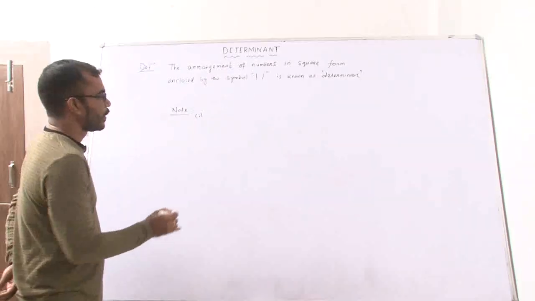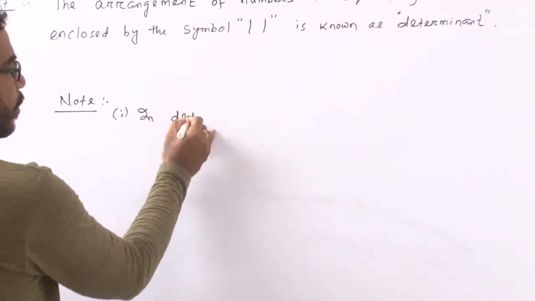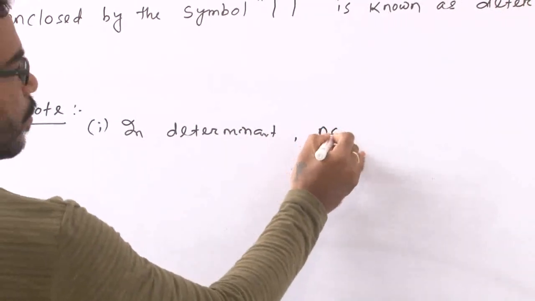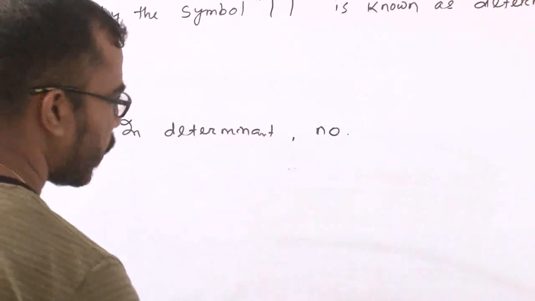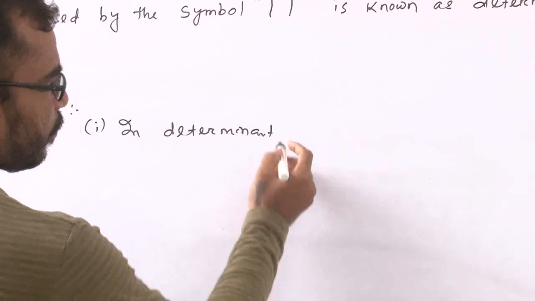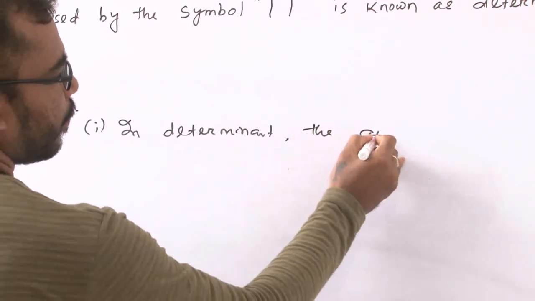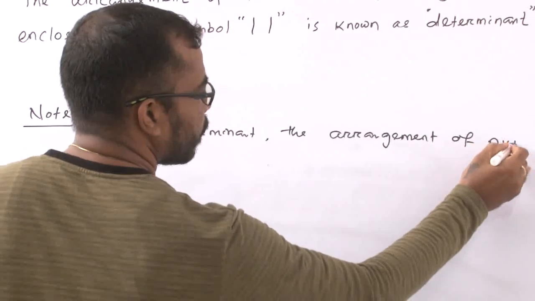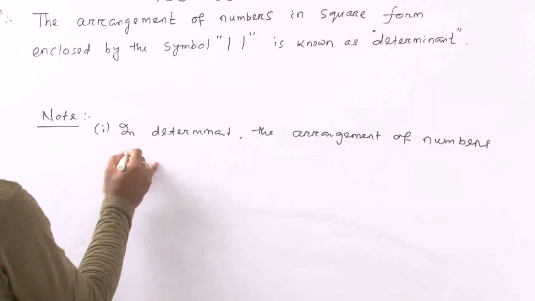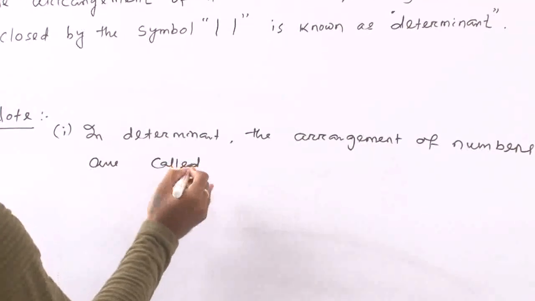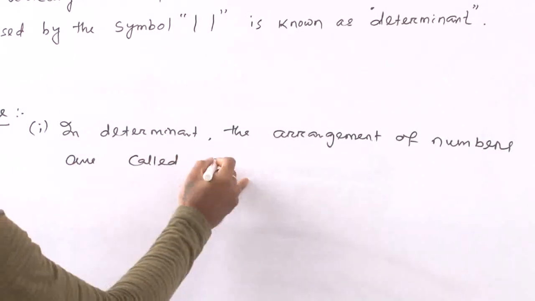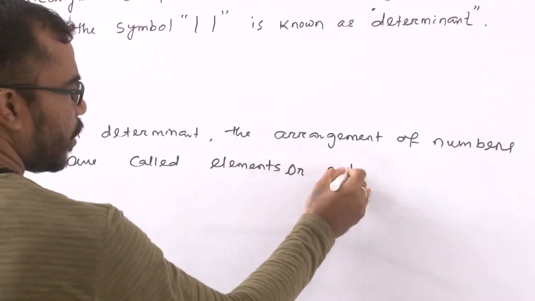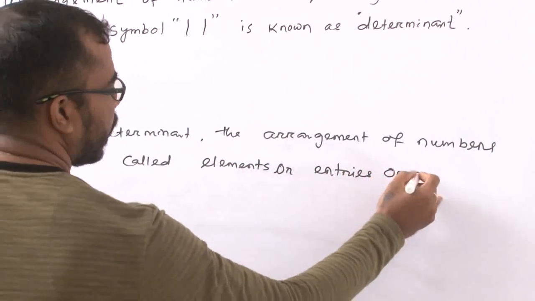The first point: in a determinant, the arrangement of numbers are called, similarly to elements in matrices, or we can say entries, or we can say constituents.